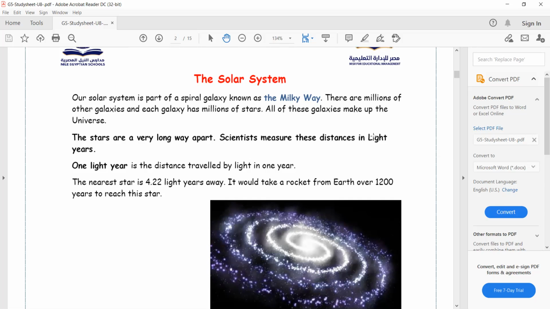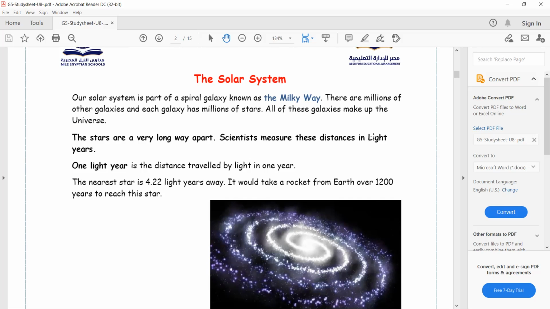Why must we use the light year to measure the distances in space, or between the stars and between the other galaxies? Because the kilometer is a very small unit compared with the huge distances in space.